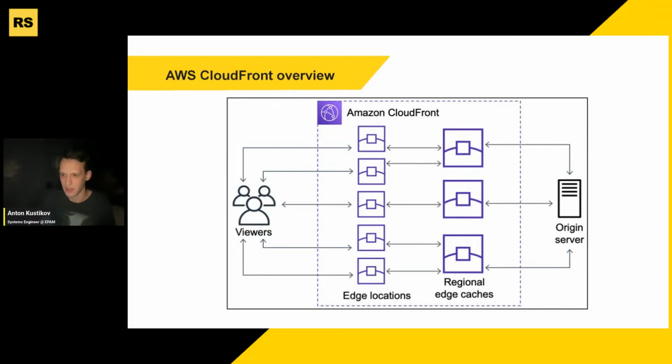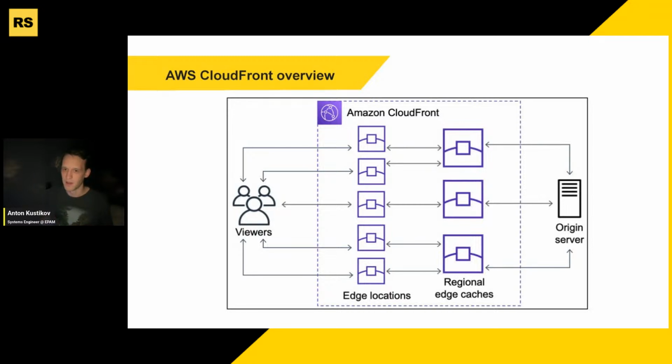Let's have a look at this schema. There are various edge locations, regional edge caches, and the region server. You can think of the region server as your S3 bucket, the place where your application is located right now. Regional edge caches are the place where AWS caches your application.